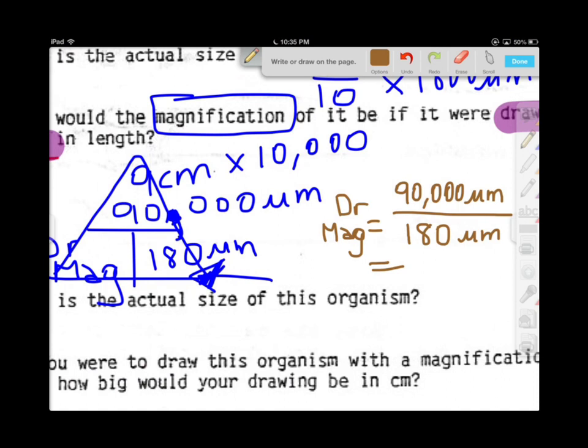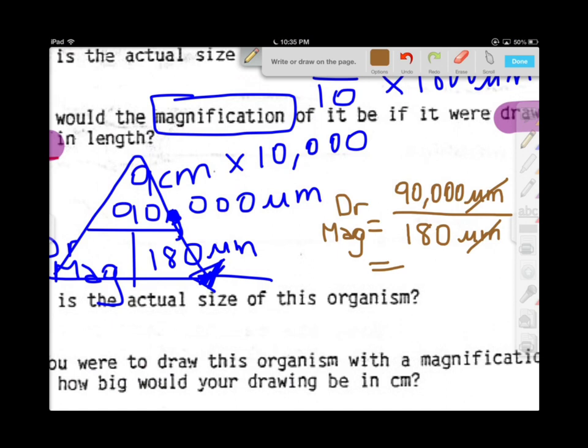The units will cancel because you've got micrometers on the top and bottom. If you want to make life even easier, you can cancel the 0 on the top and bottom. But let's just do this fast. 90,000 micrometers divided by 180 micrometers.